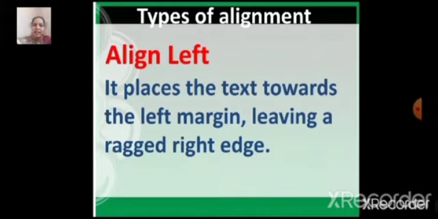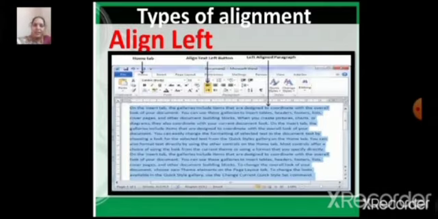Whatever text you type will start from the left margin. This is called left alignment. Here you can see the picture which shows the paragraph aligned left. You can see all the lines of the paragraph starting from the left side.